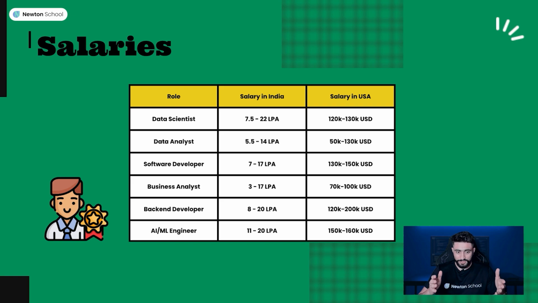So what sort of salaries can you expect? Here is a chart. For a data scientist in India, you can earn from 8 to 22 LPA, lakhs per annum. And salaries in the USA are even crazier, from 120K to 130,000 US dollars. Similarly, there are salaries for different roles.